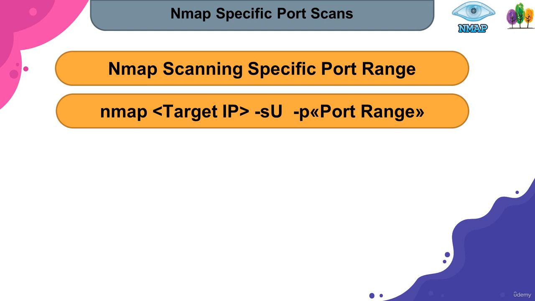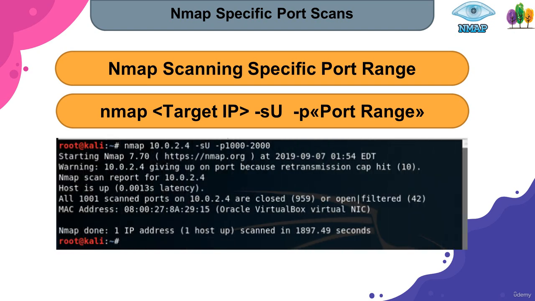So let's do an example. We'll scan for specific TCP and UDP ports on the Metasploitable VMs that we've already set up. Open up VirtualBox, open Kali Linux, open Metasploitable, and log into the Kali Linux VMs.